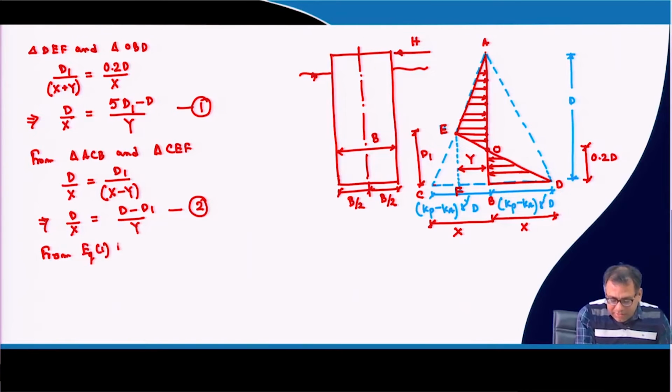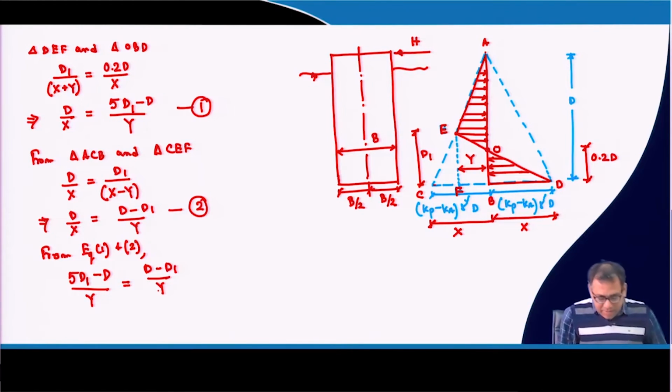Now if I compare equations 1 and 2, we can write 5(d1 minus d) by y equal to (d minus d1) by y, and this y will cancel out.